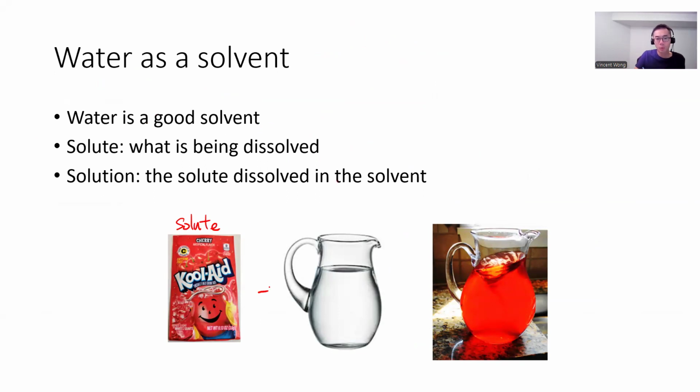If you add it to the water, which would be the solvent, then you get a solution. Our body is mostly water, and there are many solutes dissolved in it. Things like the electrolytes that we talked about. Glucose is dissolved in the water. Waste products are dissolved in the water.